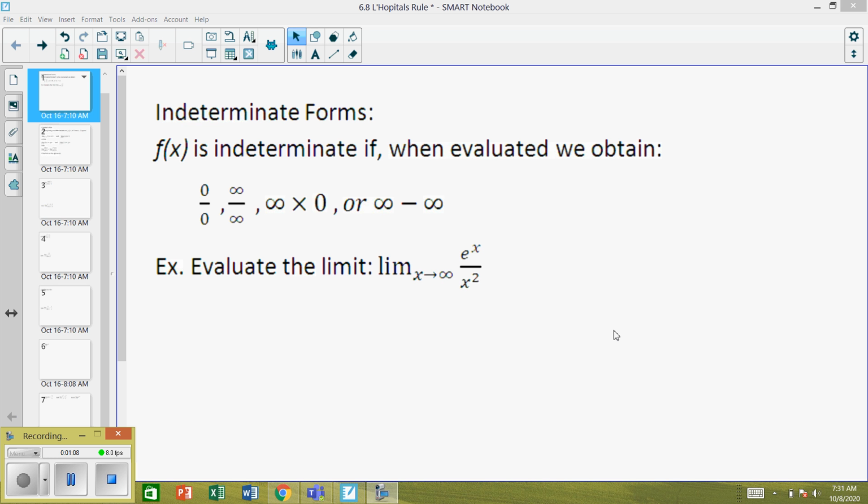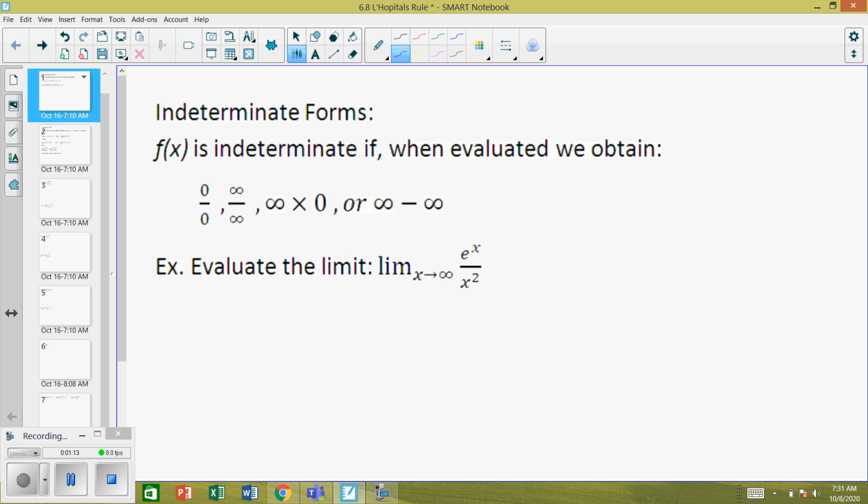All right. So before we jump into the actual method of L'Hopital's, we are going to refresh ourselves, or maybe even learn what an indeterminate form actually means. Think about it. f of x is indeterminate if, when we evaluate the limit, we obtain the following.